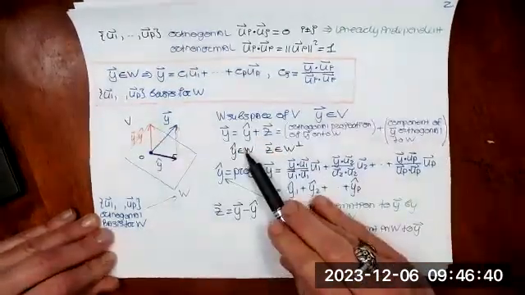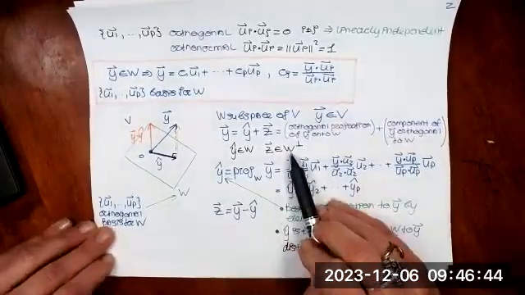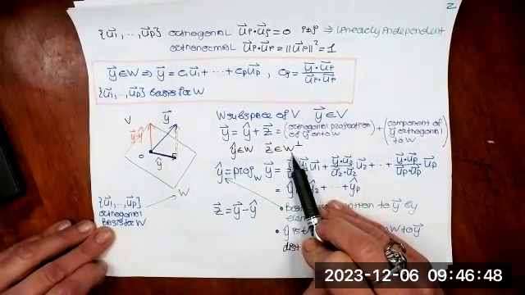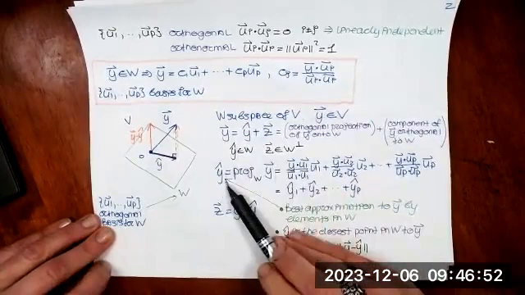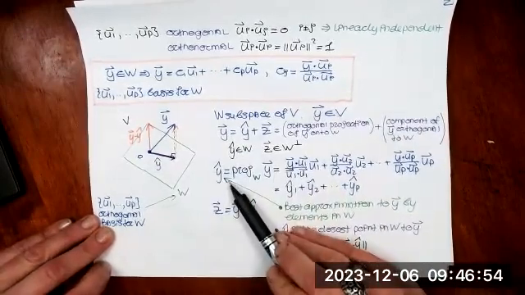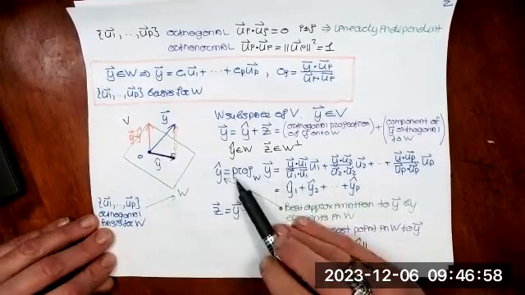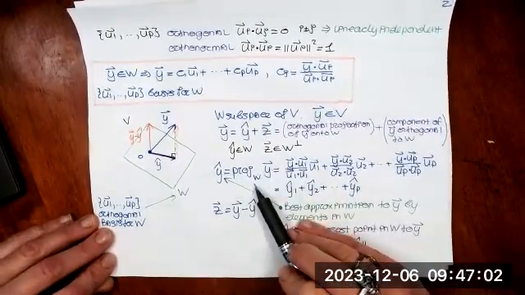Y hat is in W, and Z, because it's perpendicular to W, is going to be in the orthogonal complement of W. To do this, you always first compute your orthogonal projection onto W. So Y hat is the orthogonal projection of Y onto subspace W.